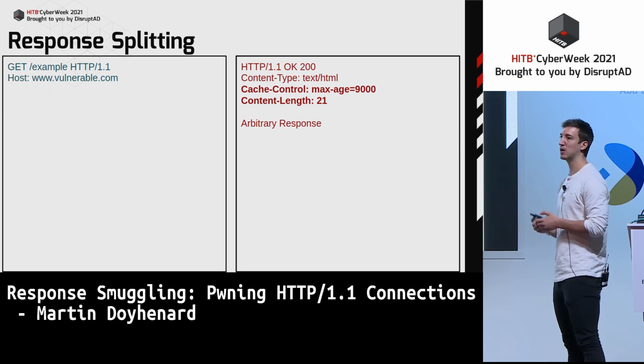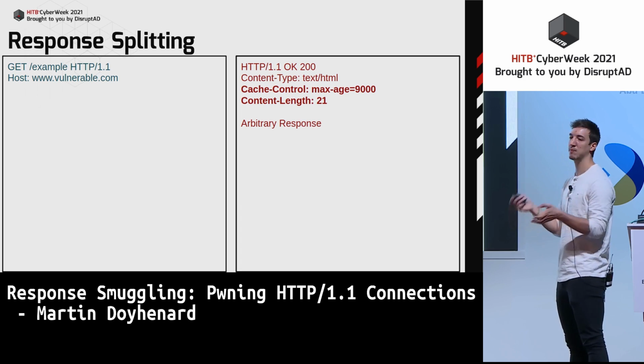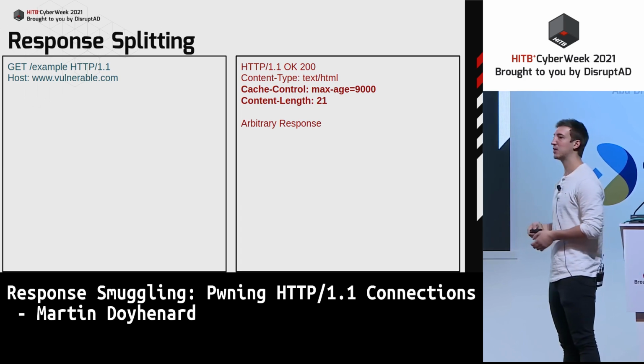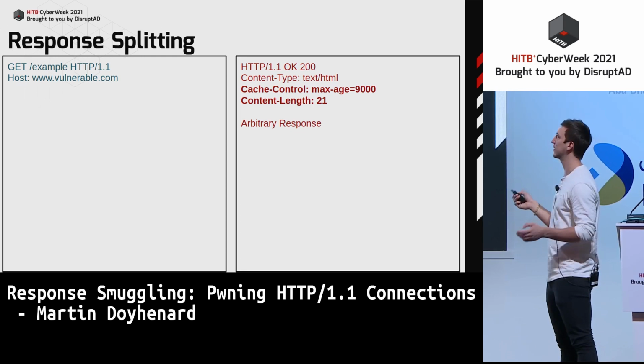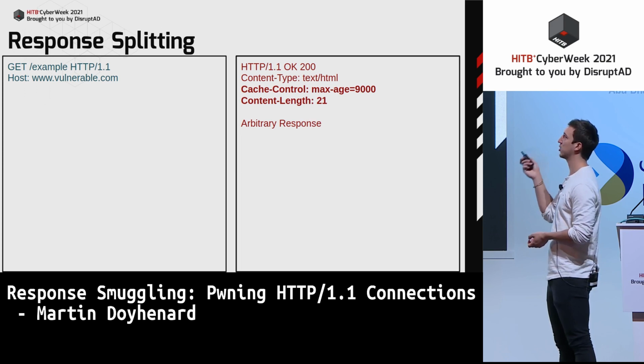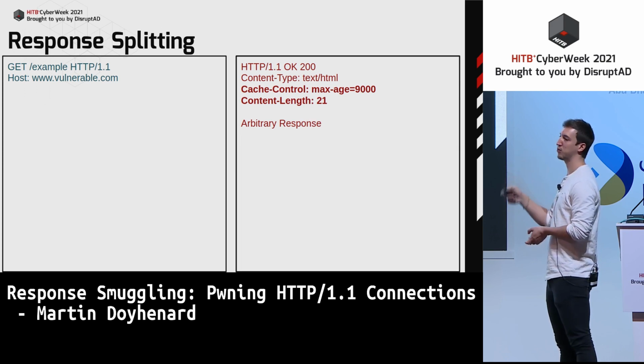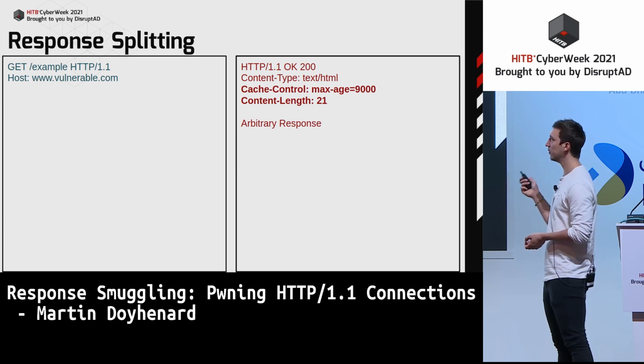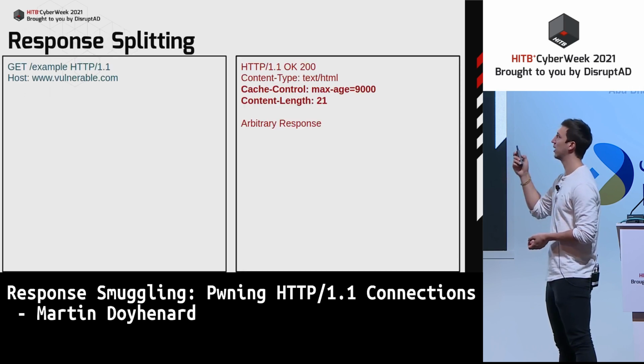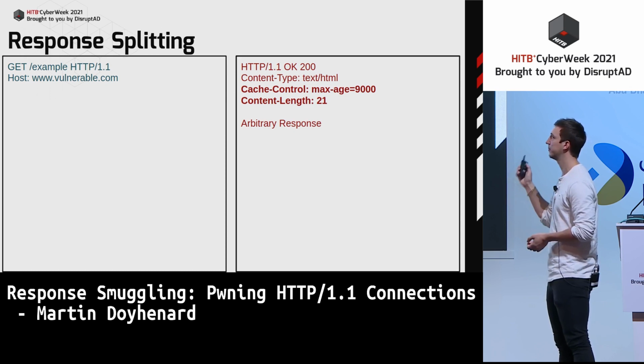And this will allow me to create any kind of response, not using blocks like before, but to actually write anything I want. So in this case, I will use a response that contains a cache control, a content length, and an arbitrary body. And this will be sent to the example and will be stored in the cache for the example URL.